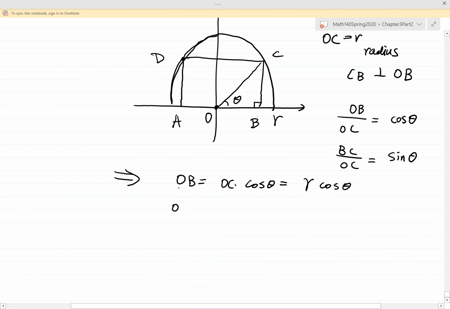Now BC, the height of the rectangle, is OC times sine theta, which is r times sine theta.